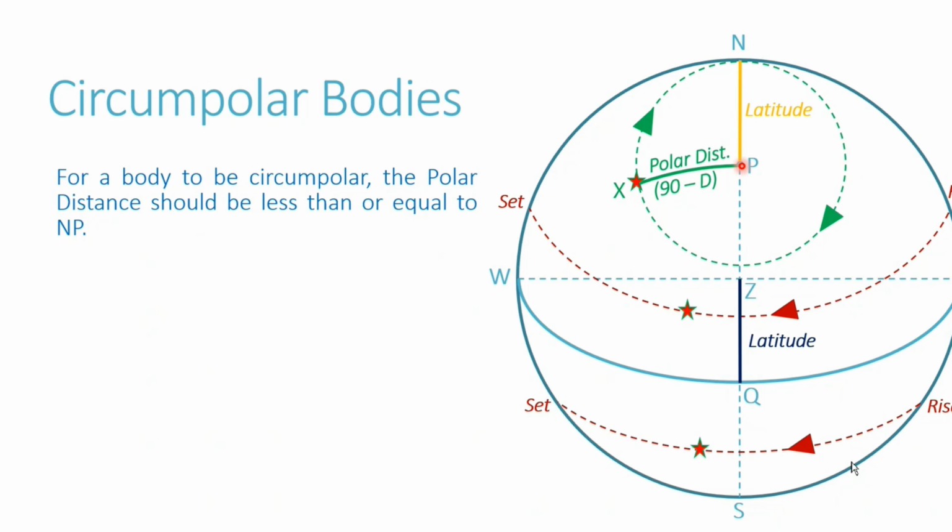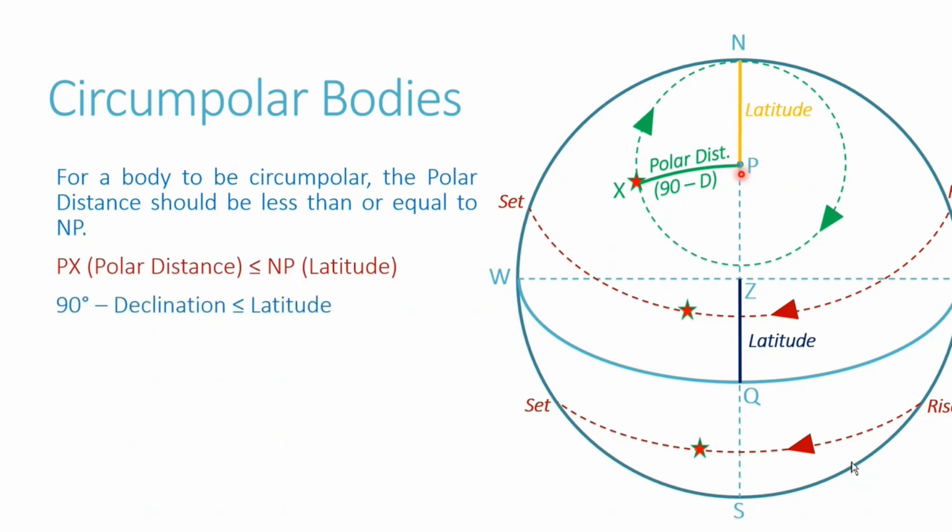That is, the polar distance of the body should be equal to or less than the elevation of the pole, or NP. Now, NP, or elevation of the pole, is equal to the latitude of the observer. So we now come to this relationship that PX, which is the polar distance, should be less than or equal to NP, which is the latitude.